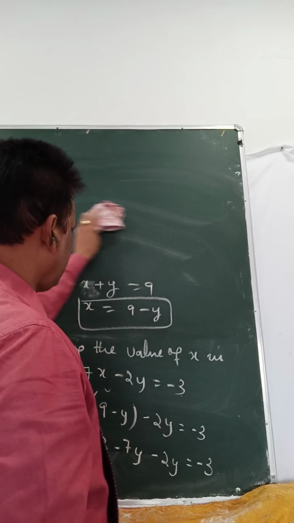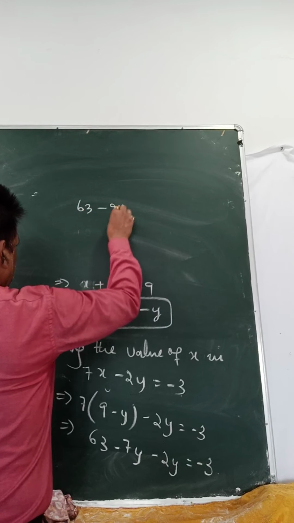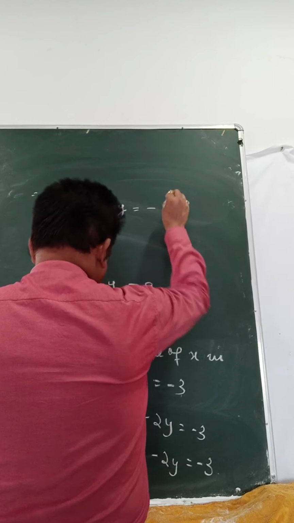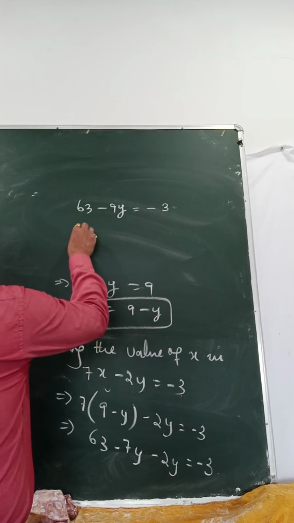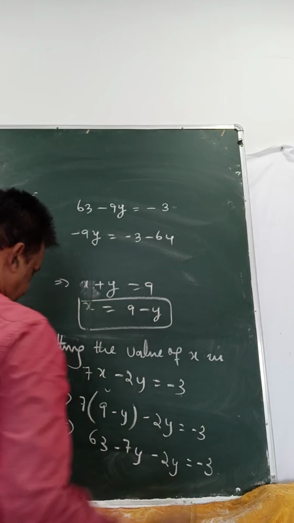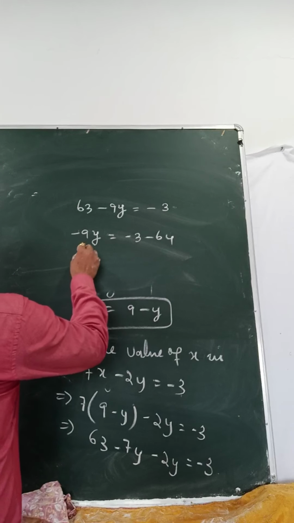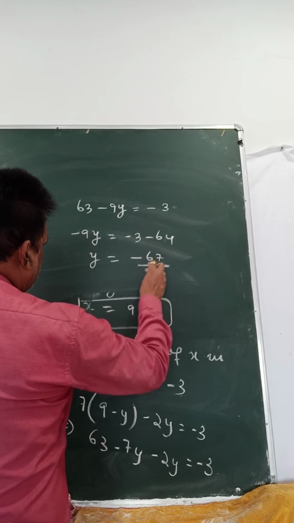So what did you get? 63 minus 9y equals minus 3. Okay. So minus 9y equals minus 3 minus 63. So y equals minus 67 by minus 9.